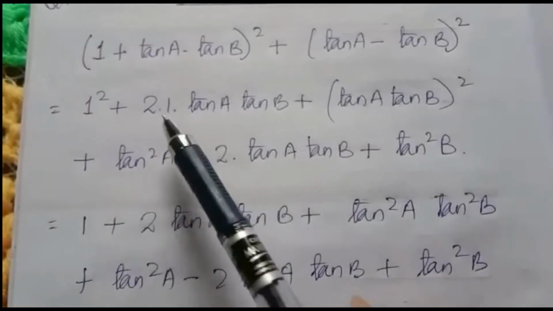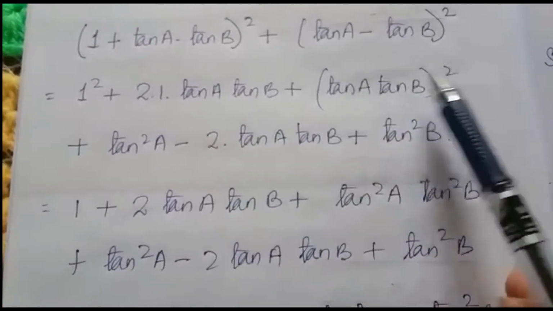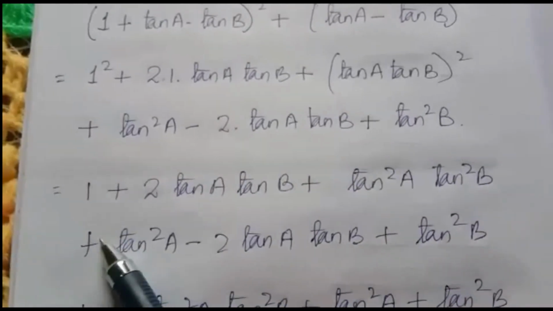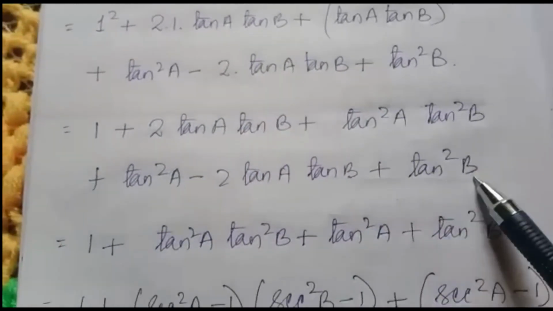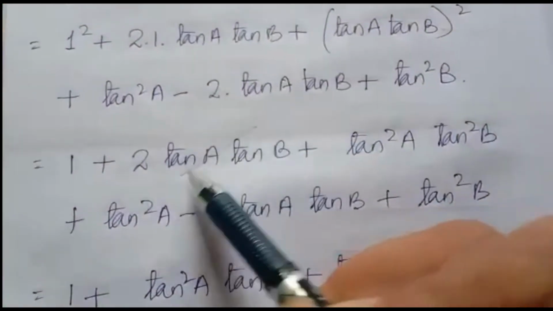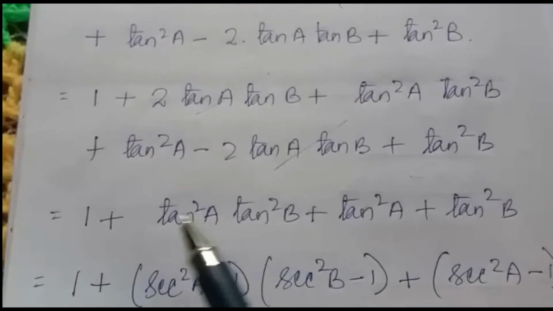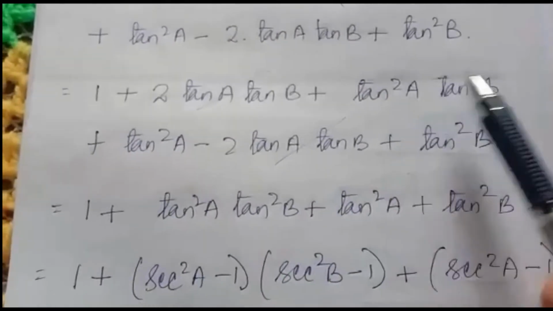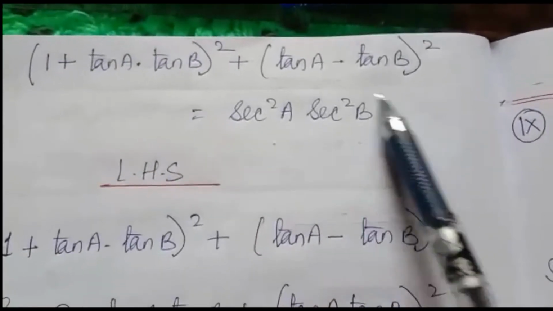Then 2 ones are 2, tan A, tan B plus tan square A, tan square B plus tan square A minus 2 tan A tan B plus tan square B. This 2 tan A tan B and 2 tan A tan B cancel since they have opposite sign. 1 plus tan square A tan square B plus tan square A plus tan square B. Now our right hand side is in term of sec.